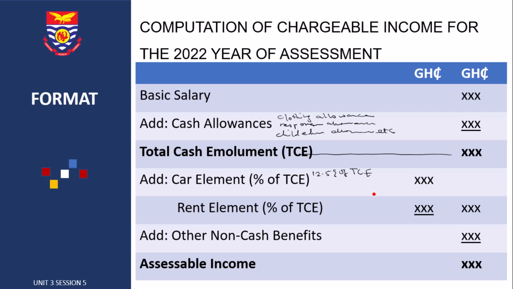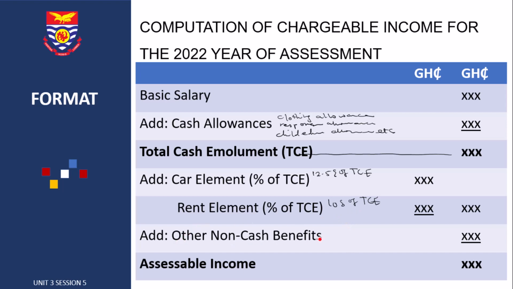Then with the rent element, depending on the type of rent element you are entitled to, you apply the appropriate rate. So if you are given rent with furnishing, you know the rate is 10% of total cash emolument. With the rent element, there is no limit.